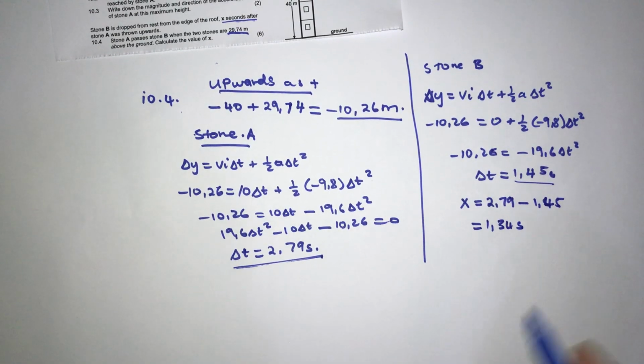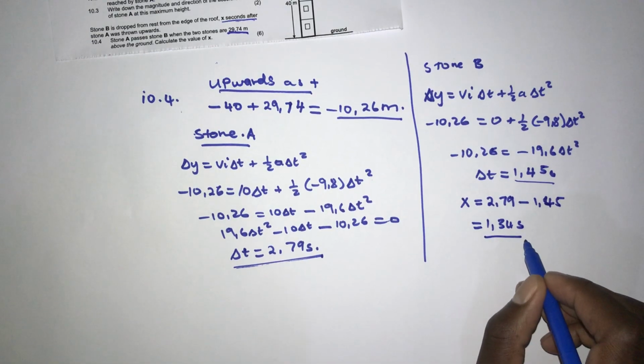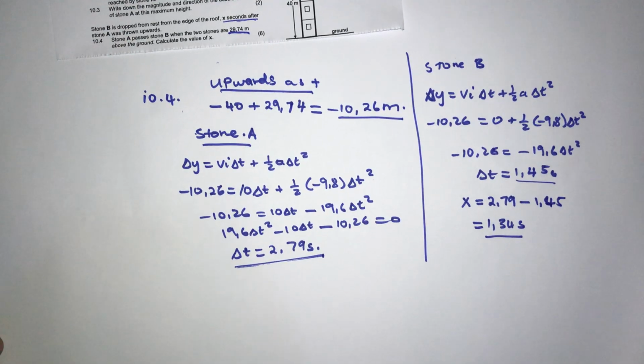It means stone B was projected 1.34 seconds after stone A was projected. That's how we approach this question. Now let's look at the next question.